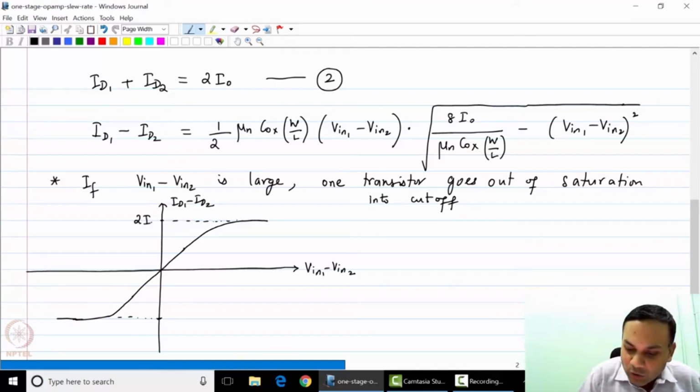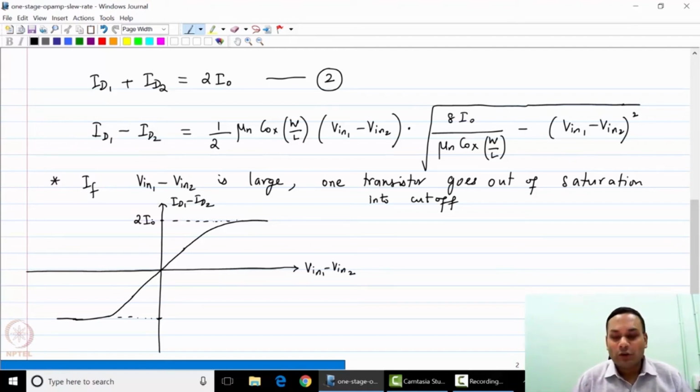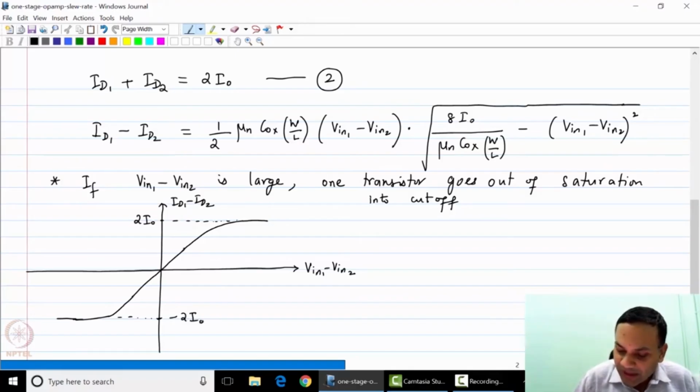In other words, this total current has to be equal to 2I0. On the other side, if Vin1 minus Vin2 goes negative and large, all of the current flows through M2, and therefore ID1 minus ID2 is minus 2I0, because ID1 becomes 0 and ID2 becomes minus 2I0.